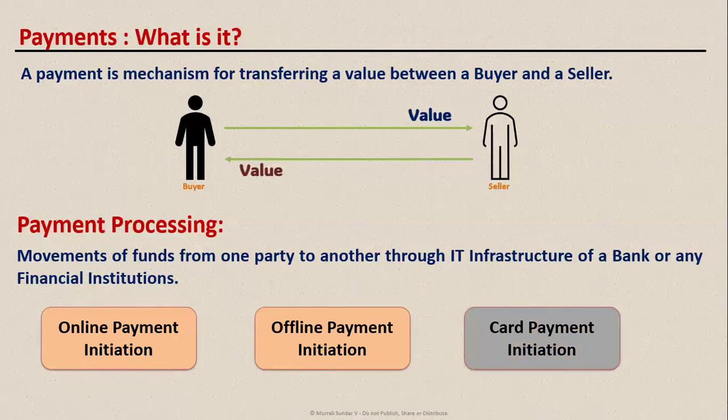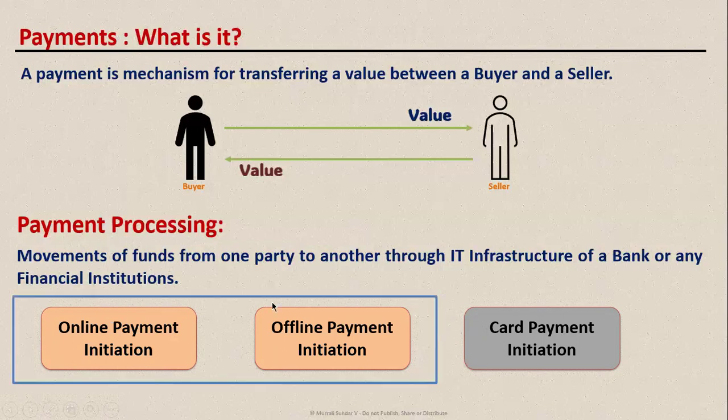Card payment is when you go to a POS machine and swipe your card. But card itself is a vast domain, whereas in payments we will mostly look at cardless payments, the normal payments we initiate, and how they get processed. That is the main scope of the payments domain in general.